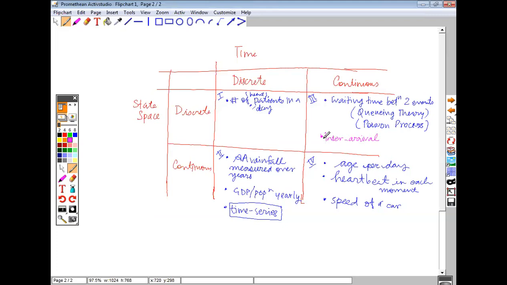So the inter-arrival time between patients in a hospital. Because we're looking at time, it would be continuous. And because the number of patients is limited, we know the state space is going to take discrete values. So yeah, inter-arrival times.